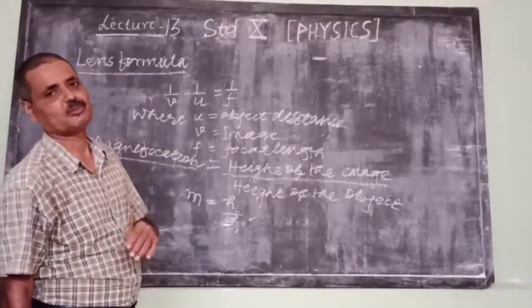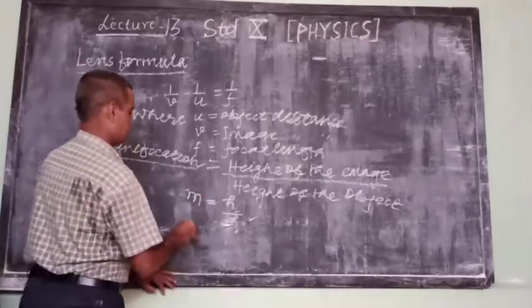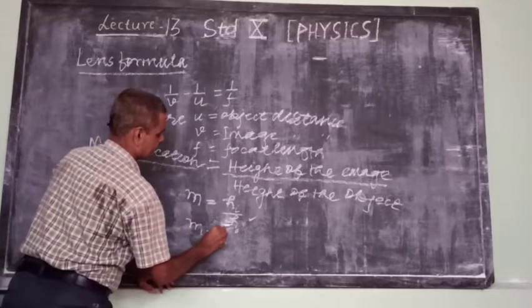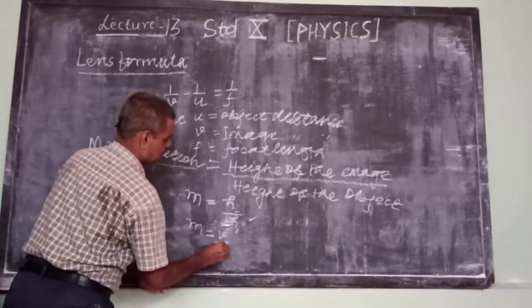We can solve the numericals in terms of another formula, m is equal to v by u.